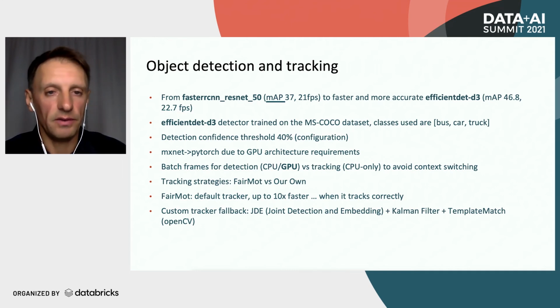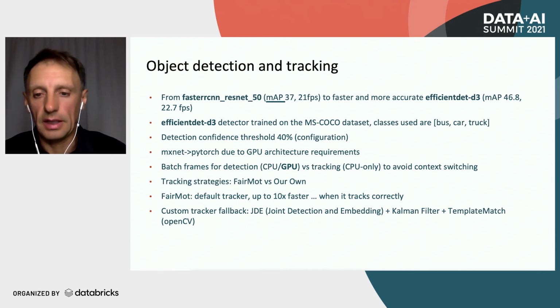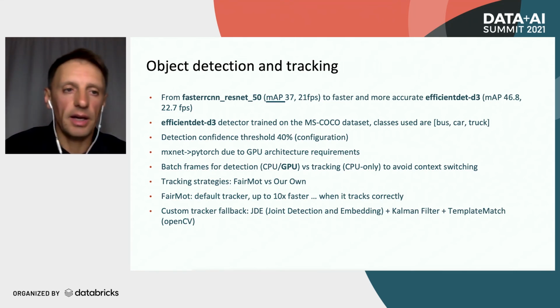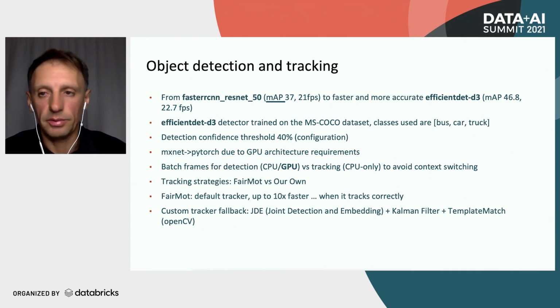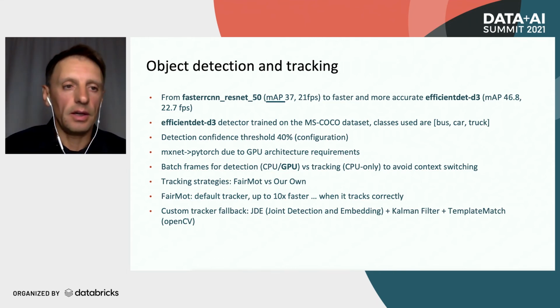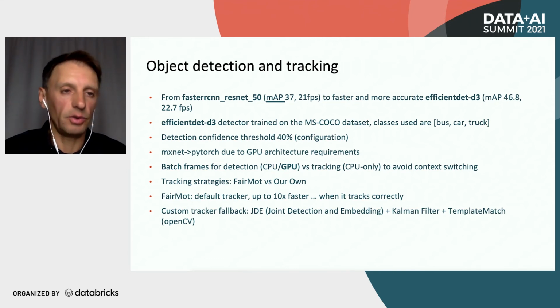That's the speed of the model. We moved to the faster, more accurate, more efficient EfficientDet architecture, which has different models from D0 to D7, and they obviously have different costs. The higher the number, the higher the precision, but also the higher the cost, so the slower it is to process. That has a mean average precision of 46 now, and is slightly faster, at 22.7 frames per second.